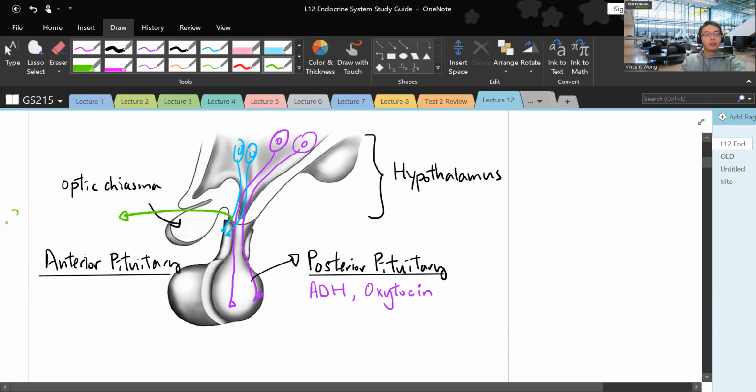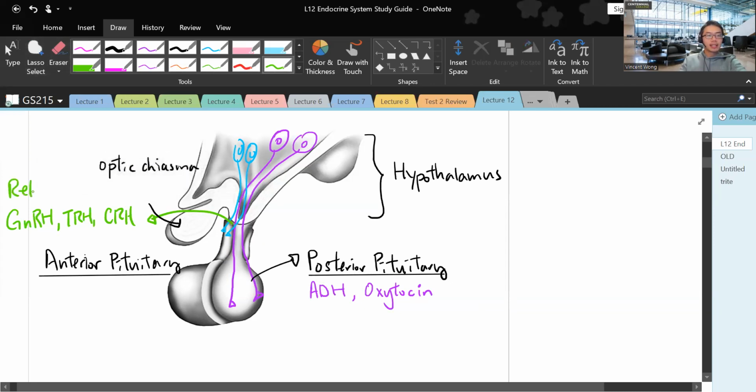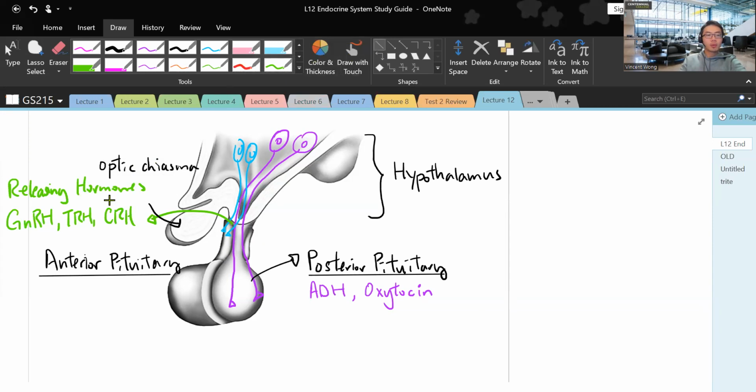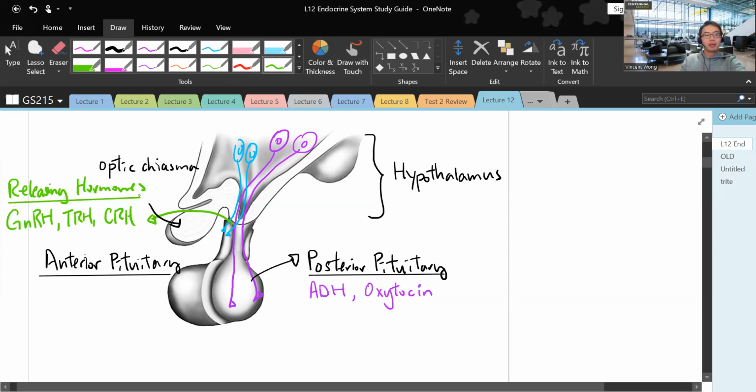Okay, so they are GnRH, TRH, and CRH. Okay, so these are all examples of releasing hormones. That's what the RH stands for. I'm just going to move this up here. So these are releasing hormones. Of course, there are inhibiting hormones as well, but we're not going to worry ourselves about them.